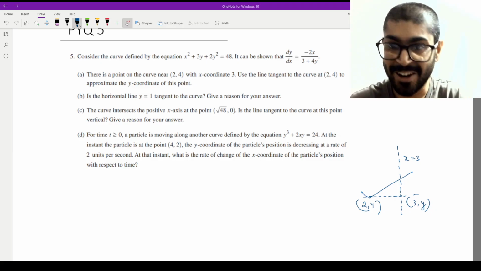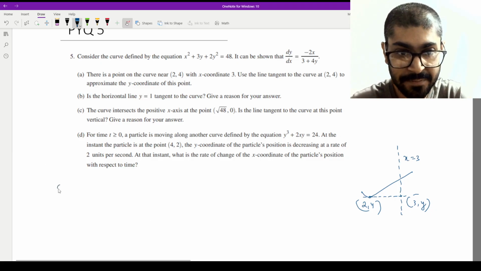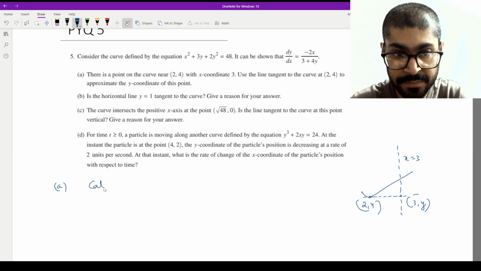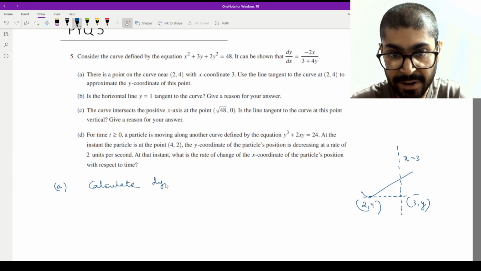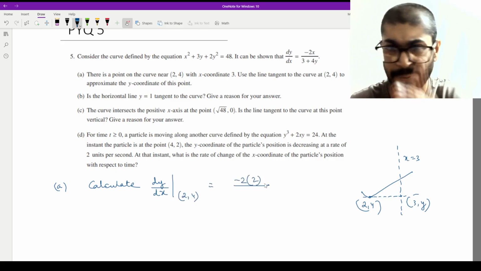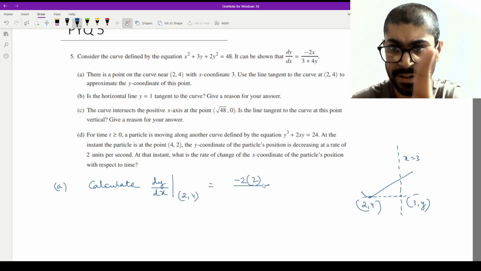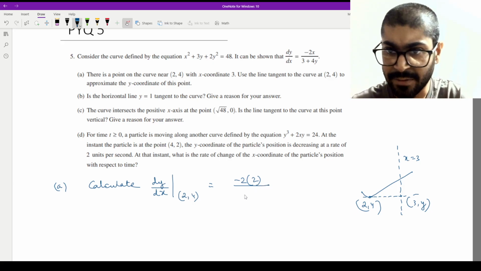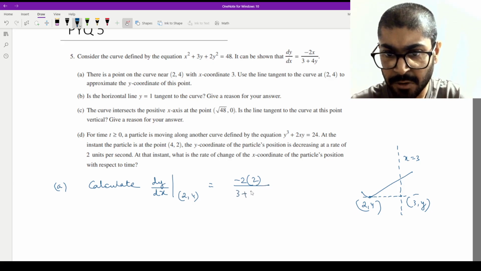The derivative is already given, so using that we can calculate the derivative at (2, 4), right? So this will give us minus 2 into 2, just replace the values of x and y in the derivative that is given. So 3 plus 4 into 4. 4 fours are 16, and 3 is 19, so minus 4 by 19.